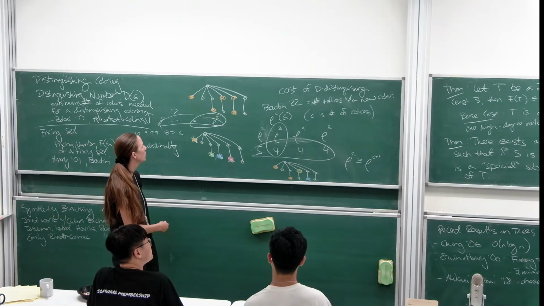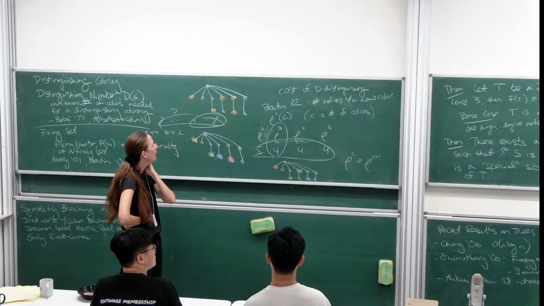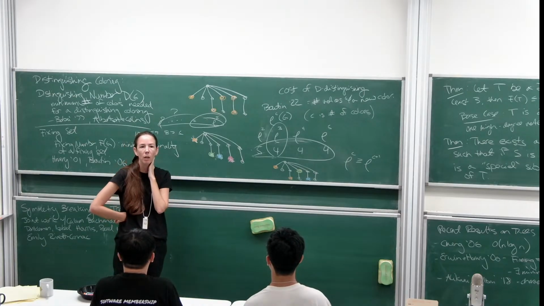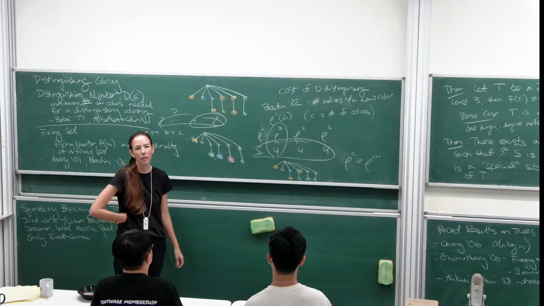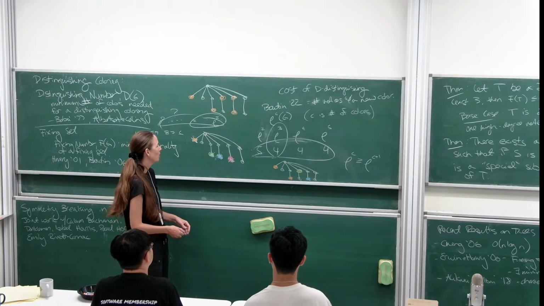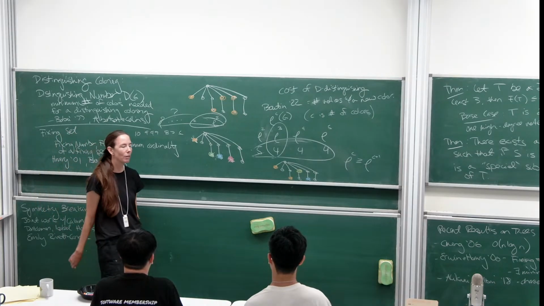If you know the automorphism group, then you can say something about these parameters. But you can also know the automorphism group and have different distinguishing numbers and different fixing numbers, so it's not saying everything. Maybe I'll say your life is easier if you know the group, but you don't have to, and it doesn't tell you everything.